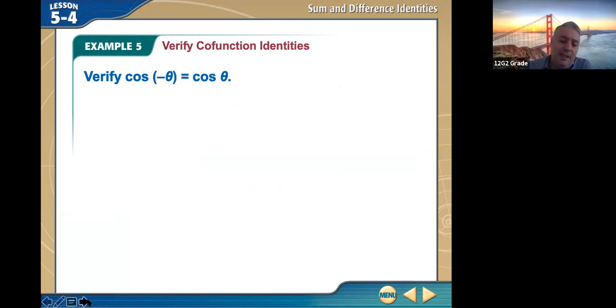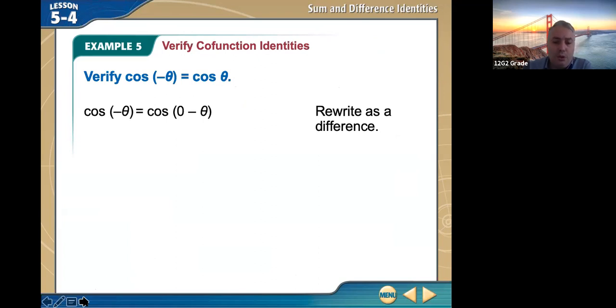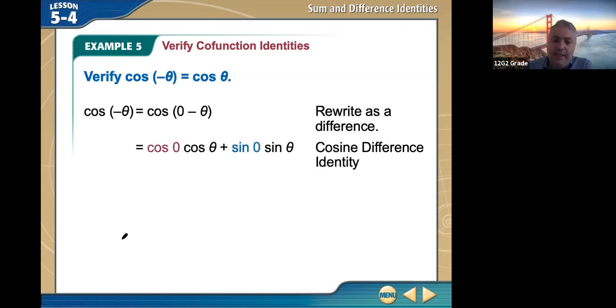Let us see the solution, let me explain. Cosine of negative theta. Can we say cosine of 0 minus theta? Yes, we can. So 0 minus a number. If I call this x and this y, cos x times cos y plus sine x times sine y.